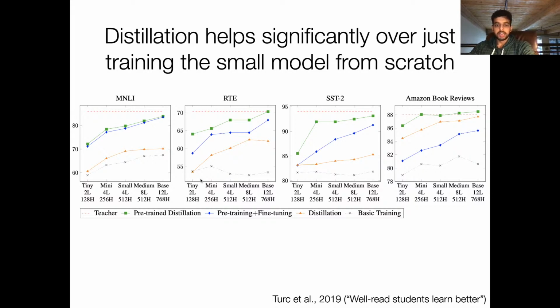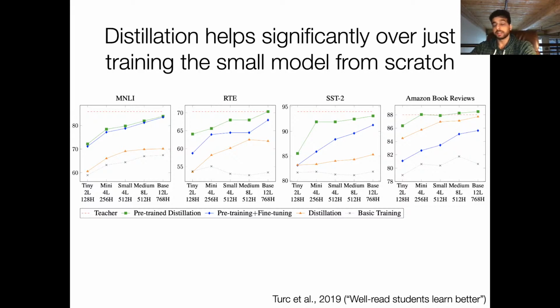You can see that all of these different variants of distillation are, in most cases, significantly outperforming the training from scratch method. And in some cases, this difference is really large, right? So if you look at sentiment analysis, our teacher model is about 94% accuracy. Our train from scratch model isn't really improving even if we make it bigger, and it's stuck around 82% accuracy.